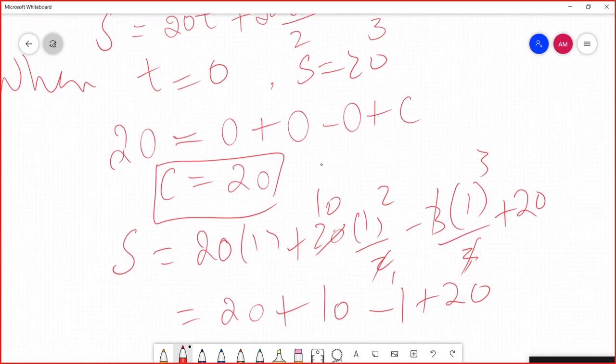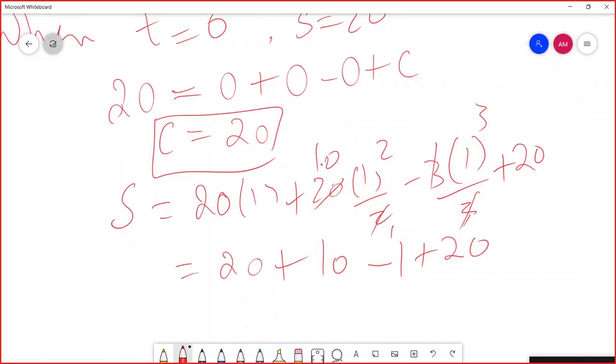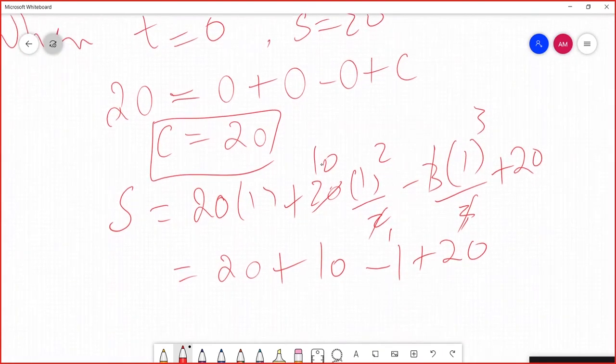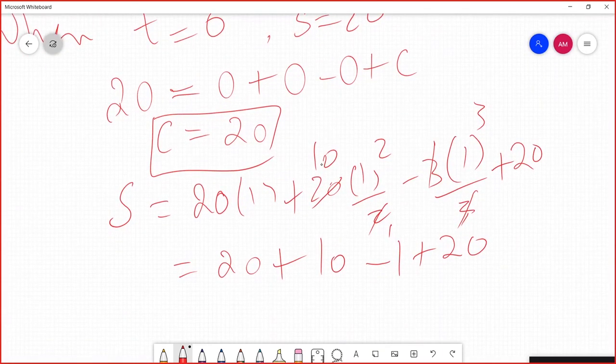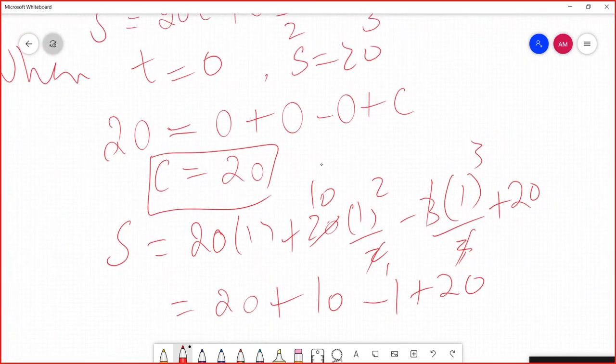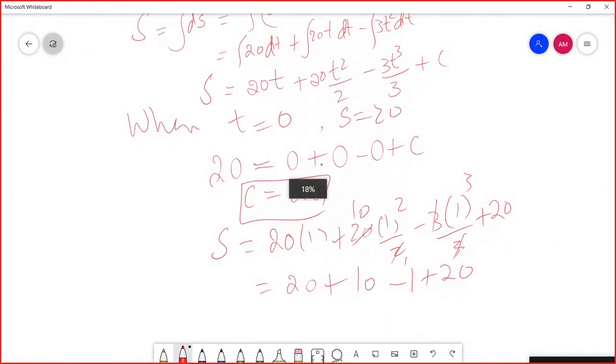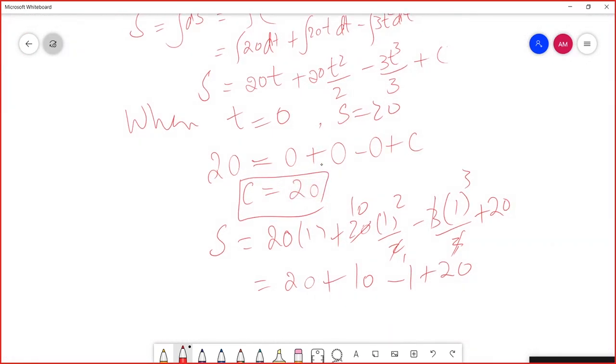This is in the first week, 20 plus 10 plus C, minus 1. So it comes out to be 20 plus 10 is 30, 30 plus 20 is 50, minus 1. Is it equal to 49?